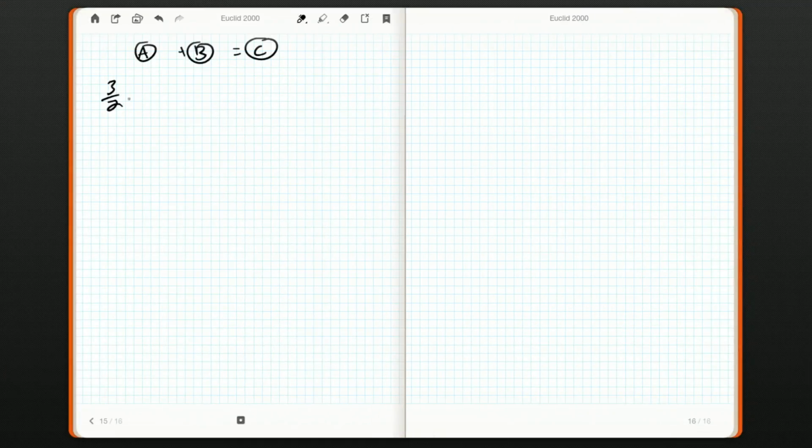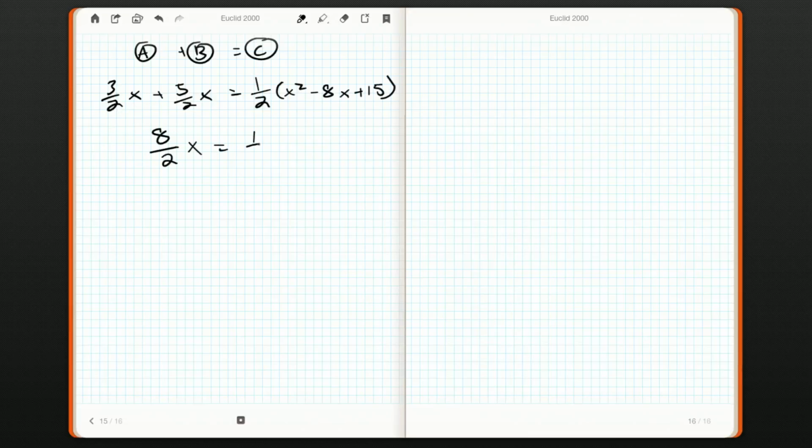So we're going to get 3/2 x plus 5/2 x is equal to 1/2 of x squared minus 8x plus 15. Okay. Now I can combine A and B, add these two together because it's still x divided by 2, so the 3 and the 5 are going to add up. And we're going to get 8 over 2 x.